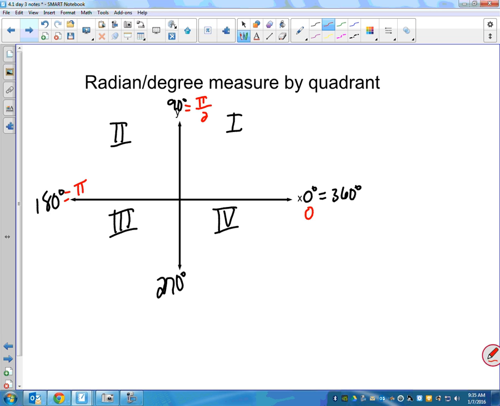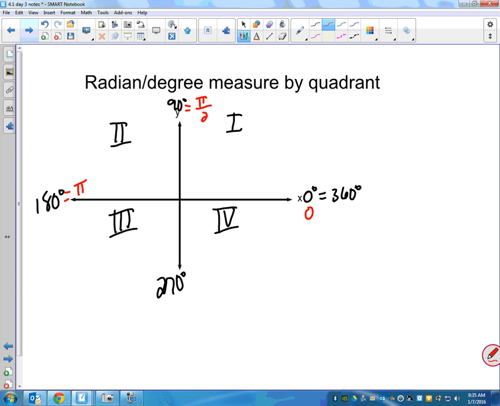And then what would be down here? If this is pi halves, this is pi. This is going to be a half more than pi. So we'll write down here, this would be pi plus 90 more degrees, or plus pi halves.